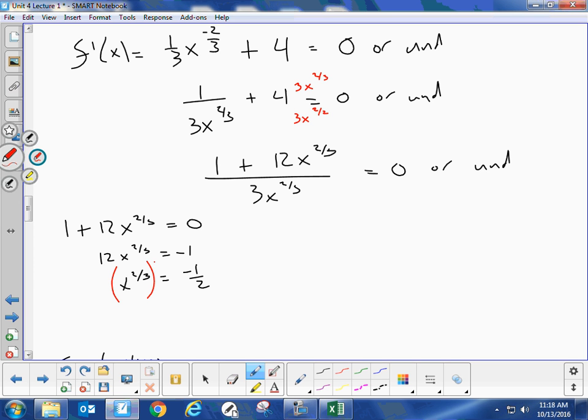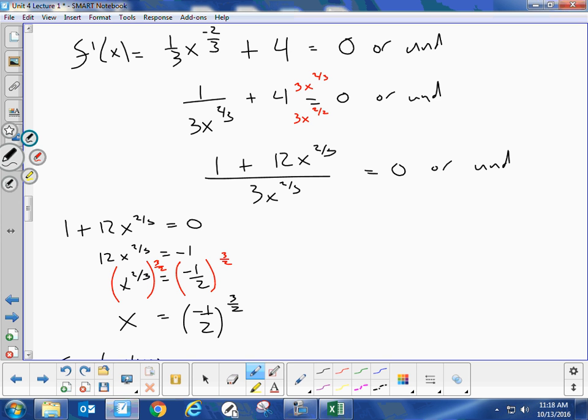Yes, to the 3/2, right? When we take a power to a power, we multiply the powers. You end up taking both sides to the reciprocal of our original power, because 2/3 times 3/2 just gives me 1. So I have x to the first. Well, that equals -1/2 to the 3/2.